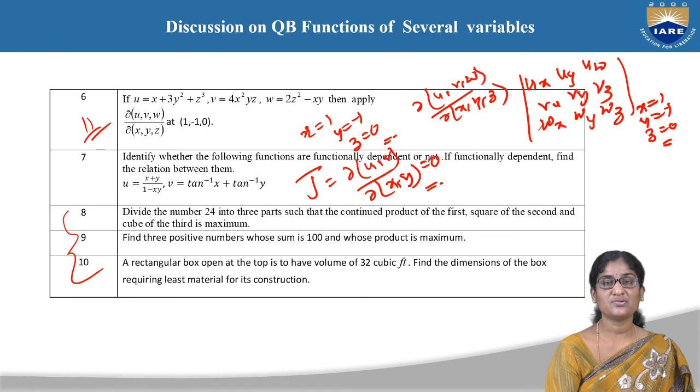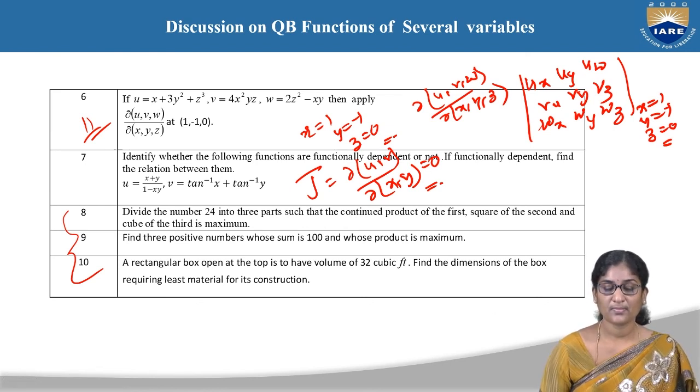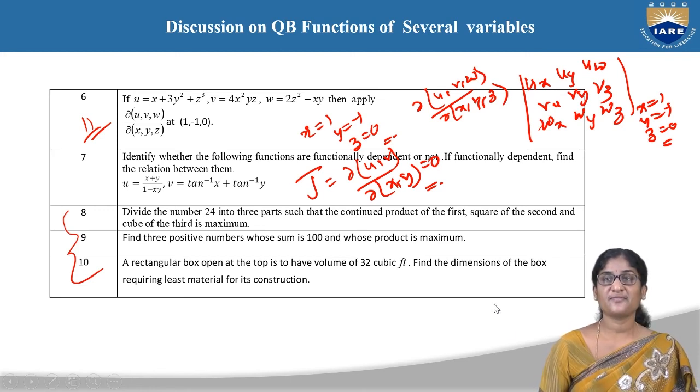We have to use Lagrange's method of undetermined multipliers. Divide the number 24 into 3 parts such that the continued product of the first and square of the second and cube of the third is maximum.